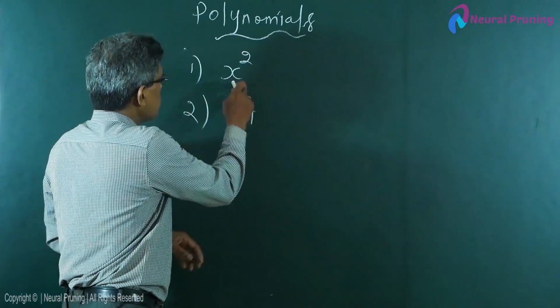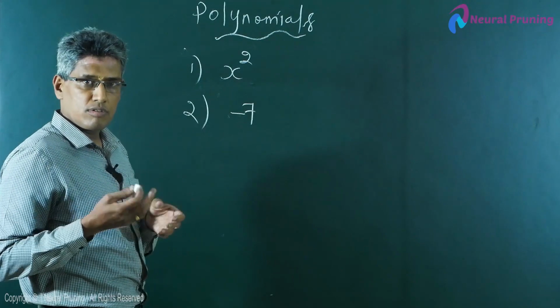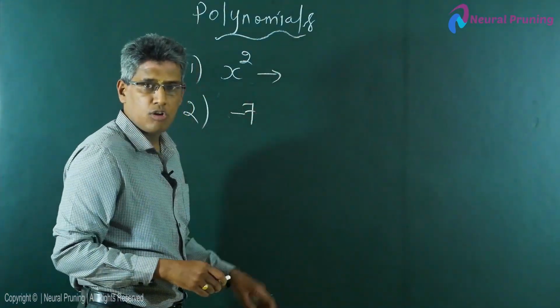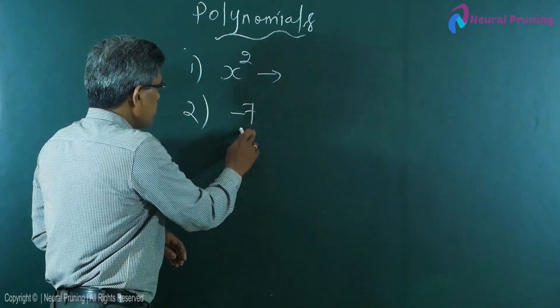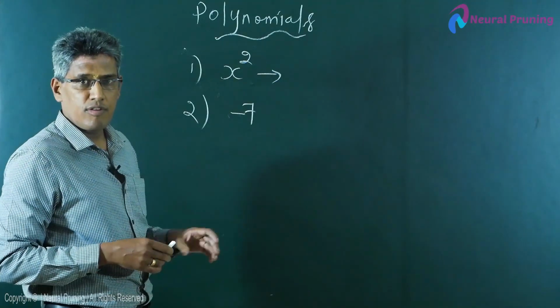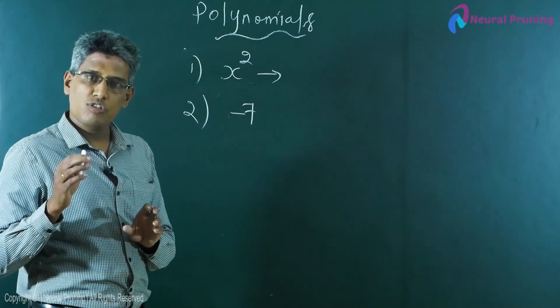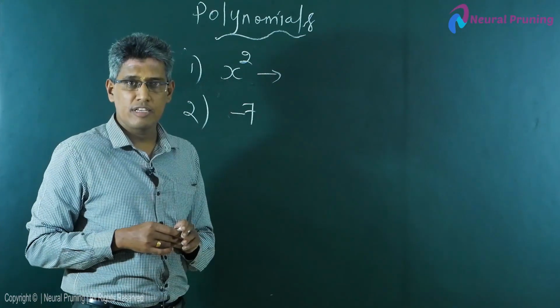Now x square is a variable, although it is a variable alone, still it qualifies to be called a polynomial. In the second example, we have written only a constant term. So it is basically a constant term alone that is represented here.